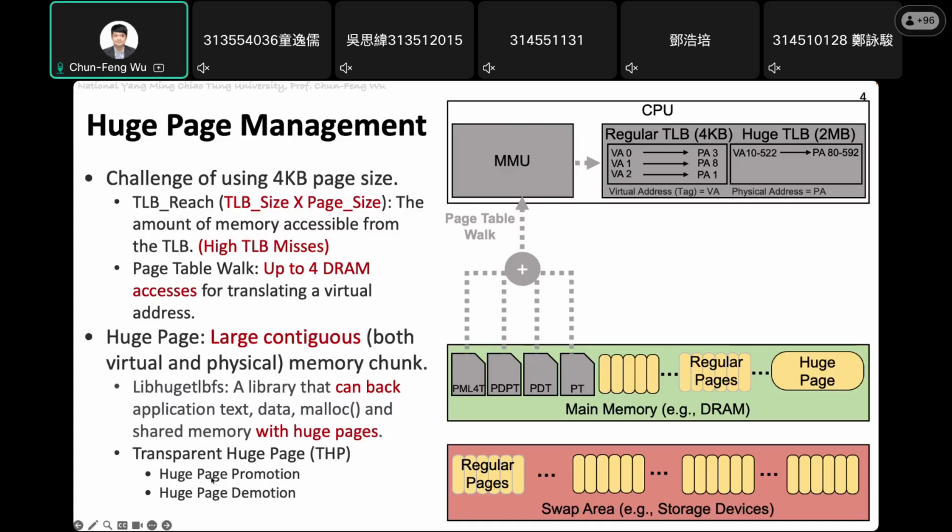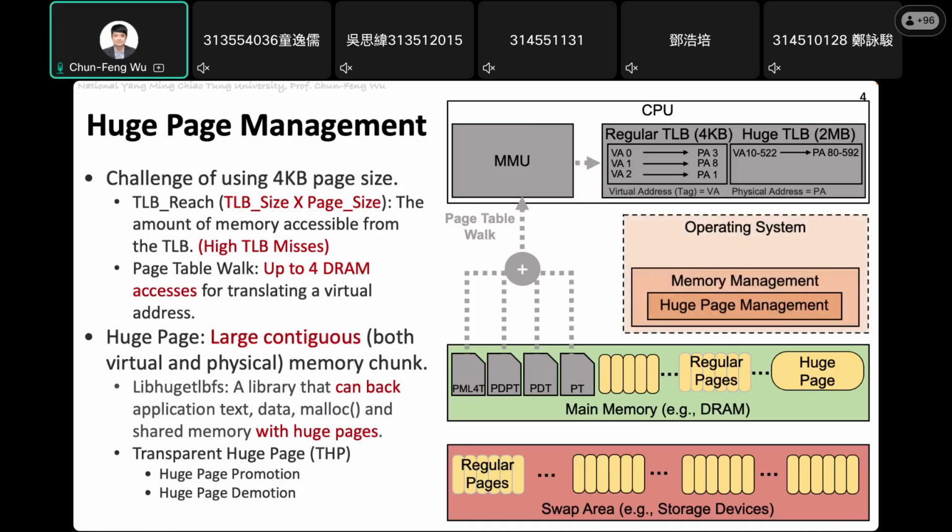One is called huge page promotion, which means we make regular pages become a huge page. The other is called huge page demotion, which is the reverse of promotion: making a huge page become regular pages again. So inside the operating system's memory management, there is a huge page management component. So what is promotion?